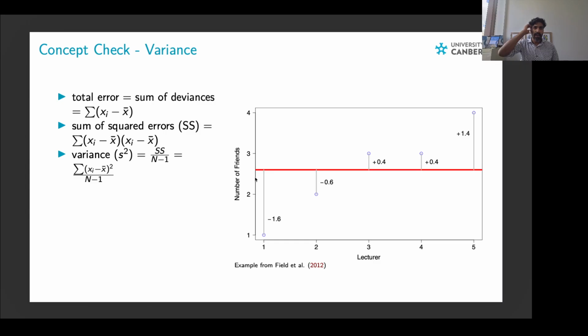And so there's an issue here, though, and hopefully you can identify that. Imagine you have 5 lecturers, and then you collect their data points, and then you have 10 lecturers, and then 15 lecturers, and you collect the data points. The sum of squared errors will always be larger the more data points you have, because you're just constantly adding these squared errors.